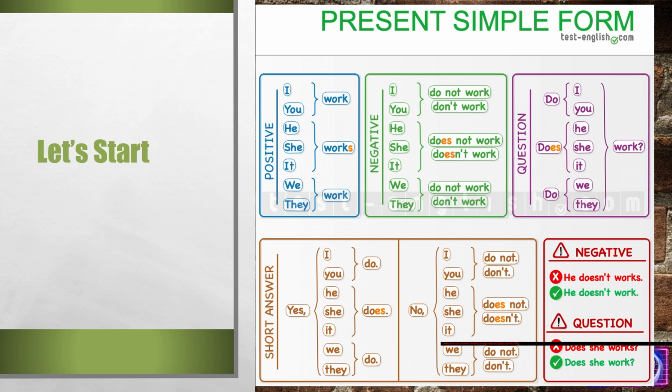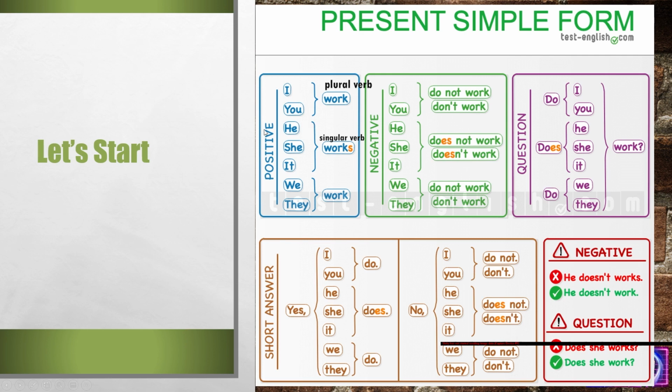And so, these are the examples of the present simple form in the positive, negative, question, short answer. So this is actually the same as what you can see in your textbook. So let's look at the positive. In the present simple form, you don't need to add s for I or you.